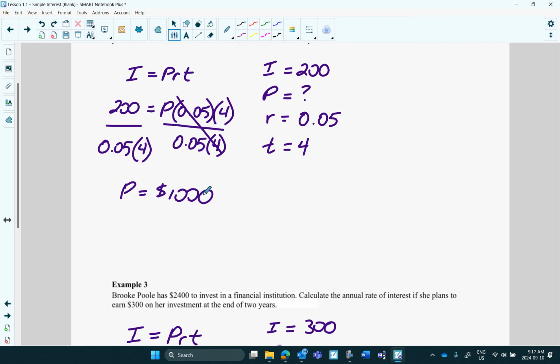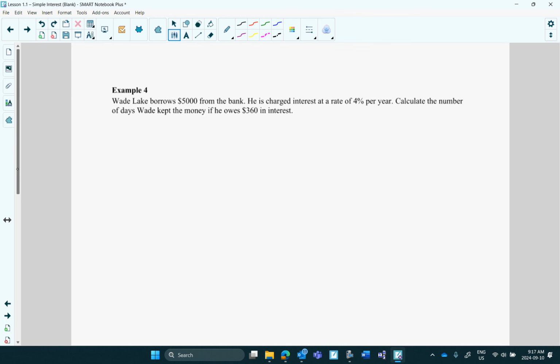You can probably guess what the last one is. It's trying to find the time. So Wade borrows $5,000 from the bank. He's charged an interest rate of 4% per year, which is actually pretty good these days. Calculate the number of days Wade kept the money if he owes $360 in interest.